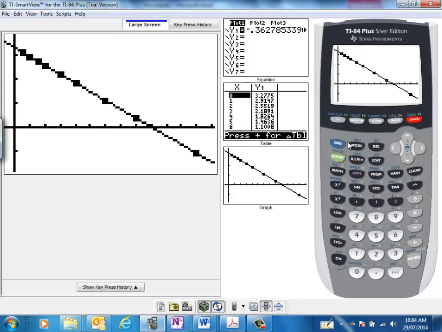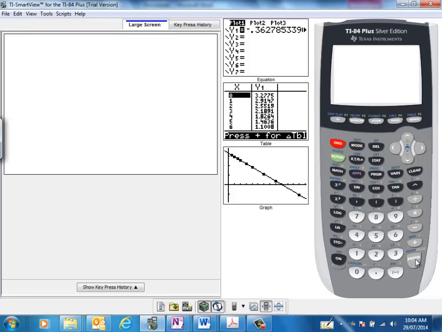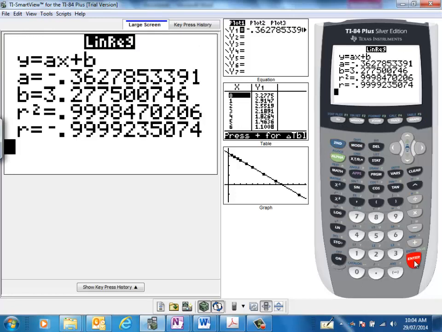If I go back a step and bring up what I just did on the calculator, this is the function I'm dealing with. The A value, which is the slope of the line, is minus 0.3628, and my B value, which is my y-intercept, is 3.2775.